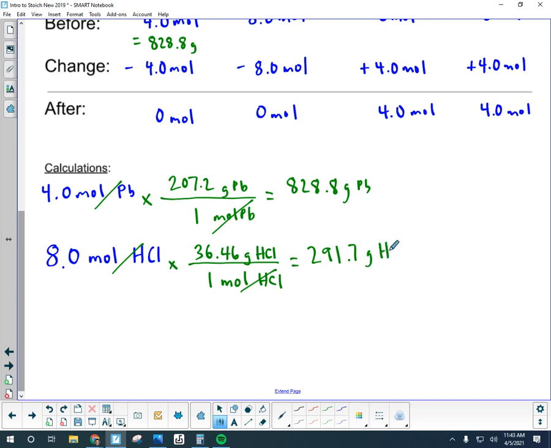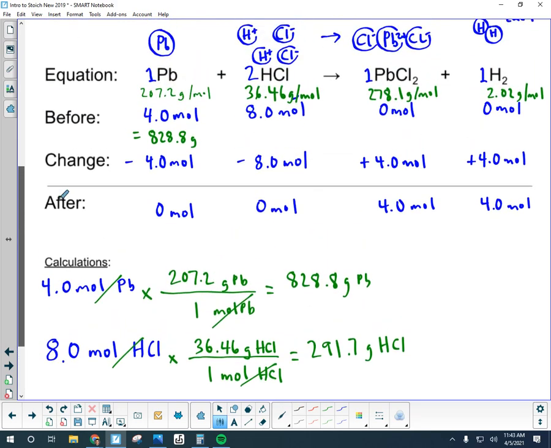That would be the amount of HCl, hydrochloric acid, that reacts. And again, I'm going to write it right below because it's the equivalent amount in grams. These are easy. I have 0 moles. That's 0 grams. Don't need to do any calculating there.